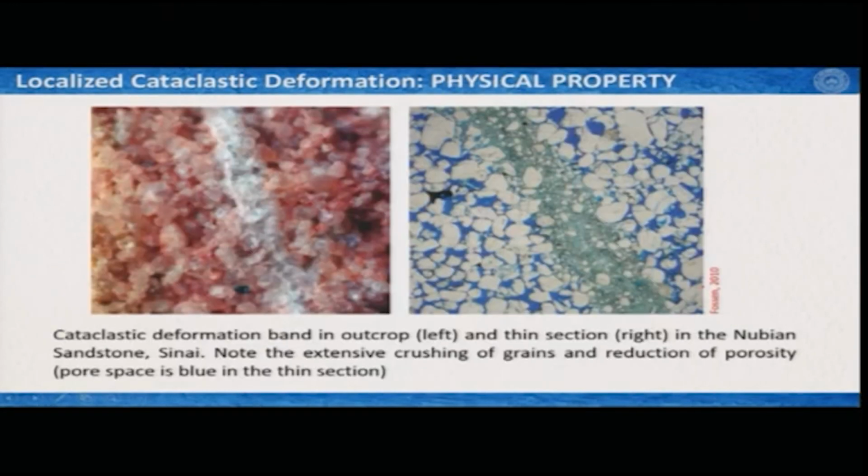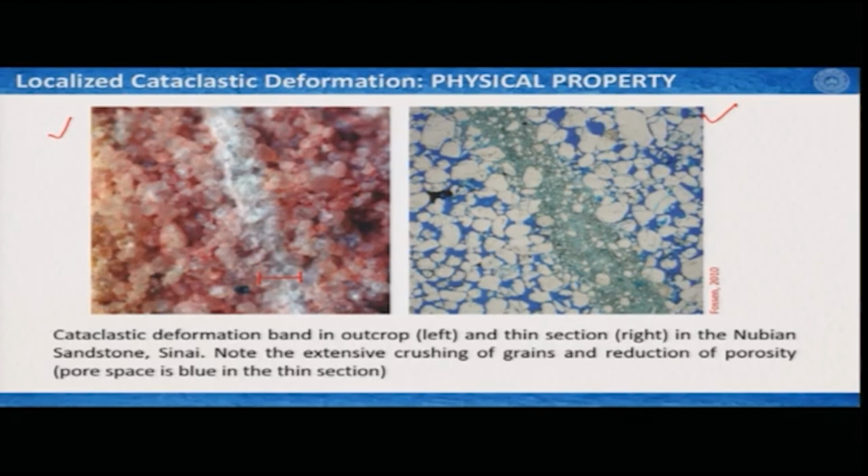Now, let us have a look at some more natural examples, to see why we should be concerned about this kind of narrow localized brittle or cataclastic deformation. What we see here is a field photograph, and this is a thin section of the same area, about 1 millimeter in the later image.